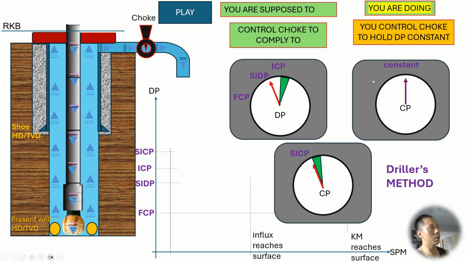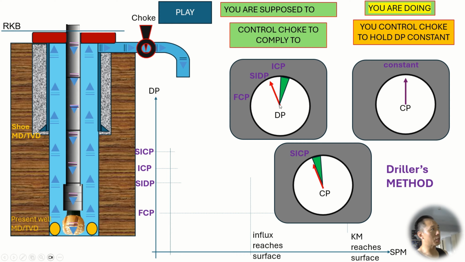The question asks us to keep the casing pressure gauge at one constant value and find out what will happen to the bottom hole pressure of the well. I mark a few markers on the gauges and on the graph so that you can easily follow and don't get lost along the way.